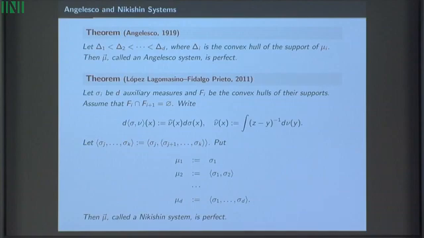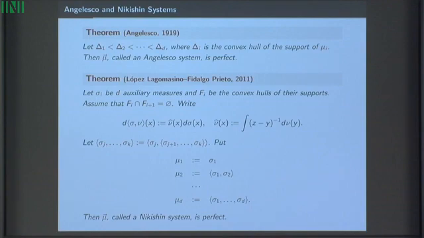Then you take the Markov function of that modification and use it as the weight for the measure sigma. So in this case, all the measures are supported on Delta 1, and they are all certain modifications of the measure sigma 1. So that's the Nikishin system.